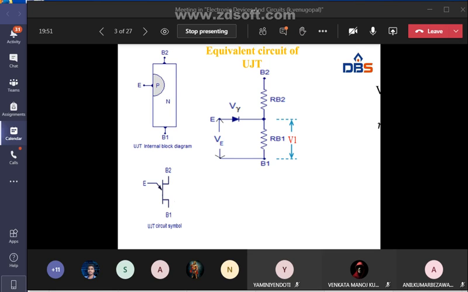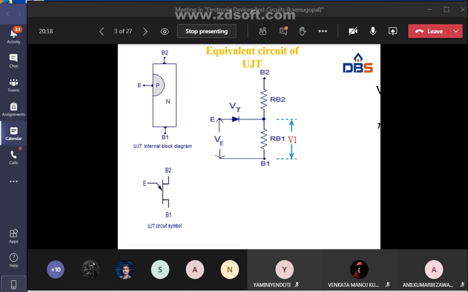You can see in the equivalent circuit that we have one PN junction diode at the junction of the P layer and N layer. The input voltage is the emitter voltage.